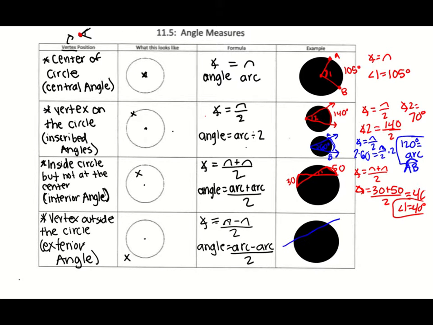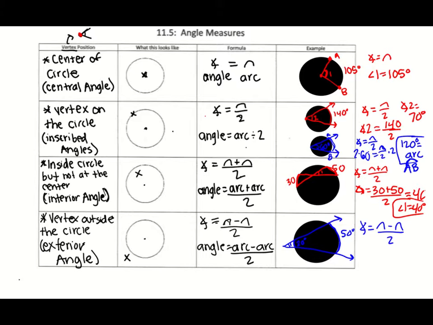Okay, so in this case, if we put our angle something like this, and call this angle 1, and we knew this arc right here was 20 and this arc right here was 50, we need to use our formula to figure out what our angle 1 is.